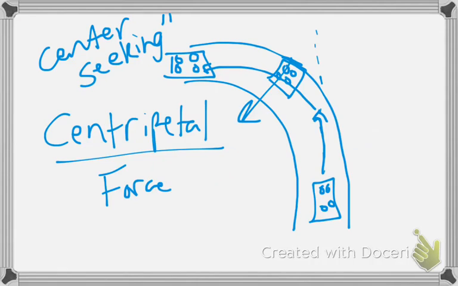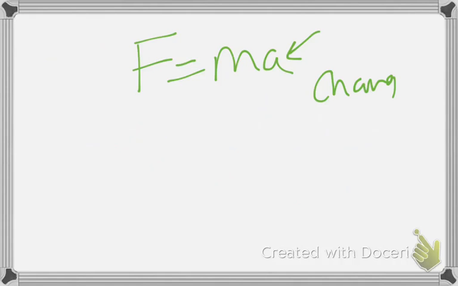It is towards the center. According to Newton's second law, all forces should have the equation F equals mass times acceleration, and this is no different. It's just that we're going to say something different about this acceleration. This acceleration doesn't necessarily change speed, it changes your direction.